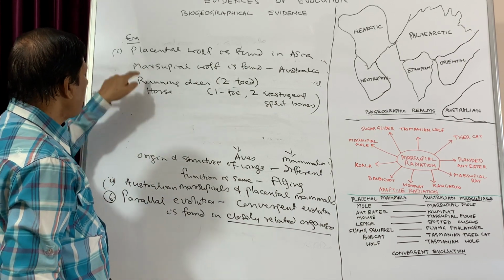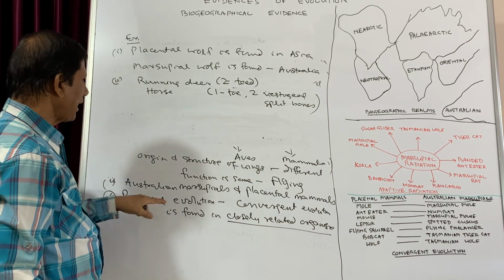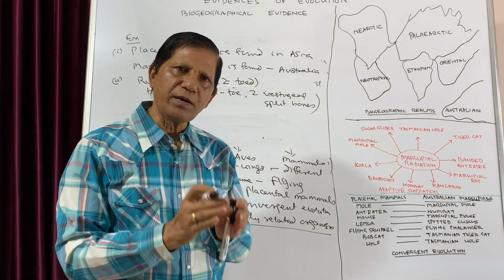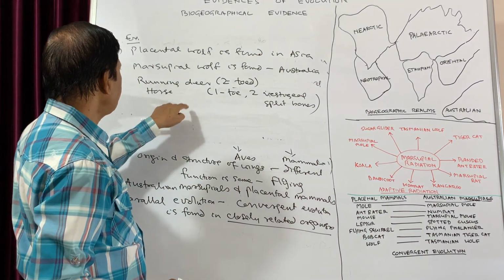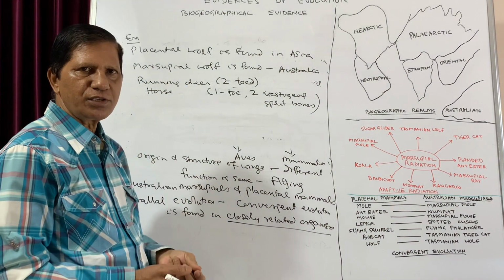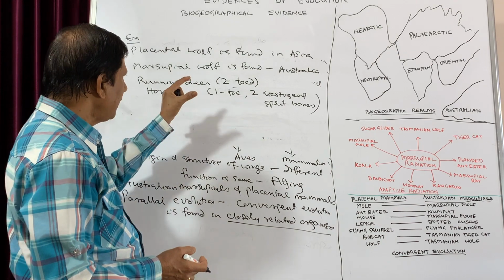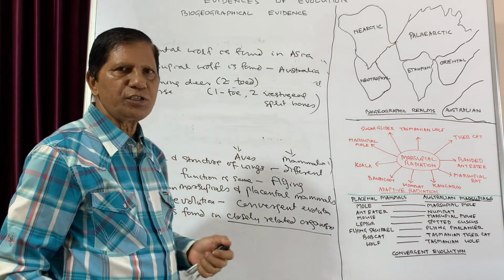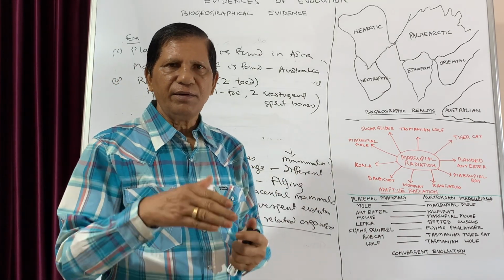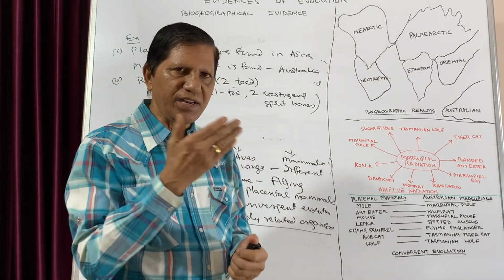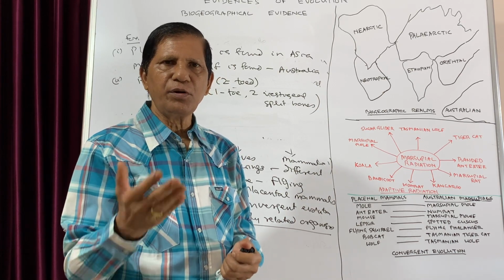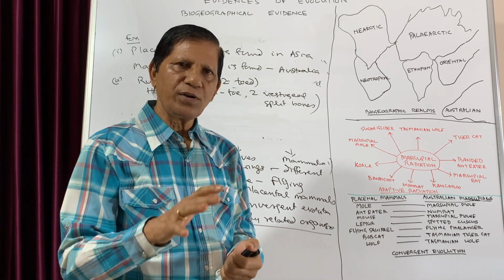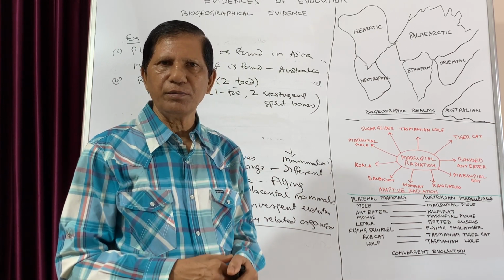So see, these two come under parallel evolution. That means they are closely related groups and they perform similar function. So these are the different examples from this biogeographical evidence, and this part is very important: convergent evolution, divergent evolution, adaptive radiation, parallel evolution. All these are very, very important from the examination point of view.